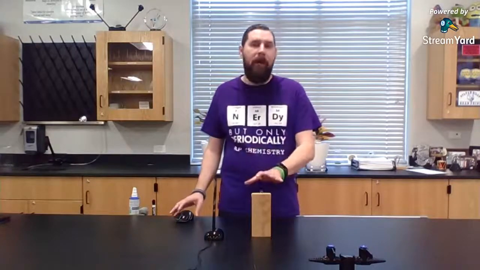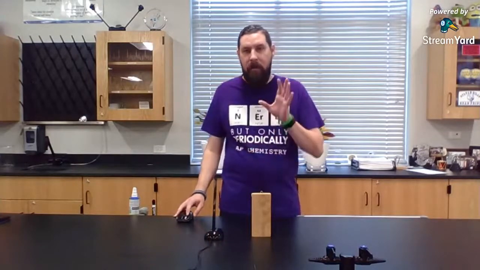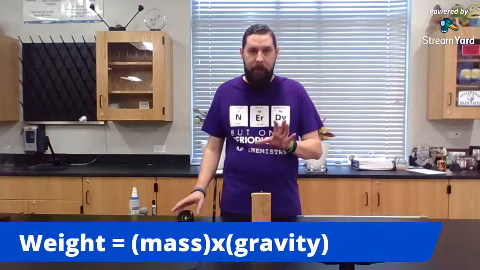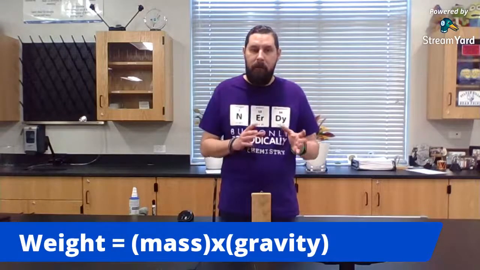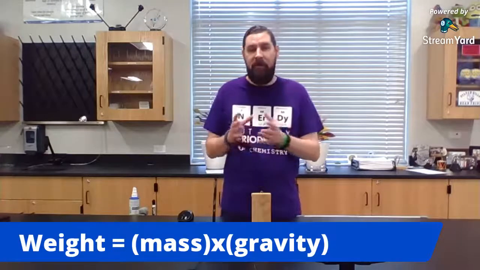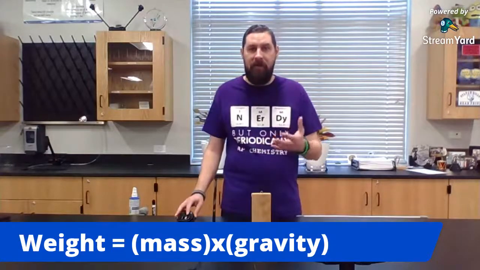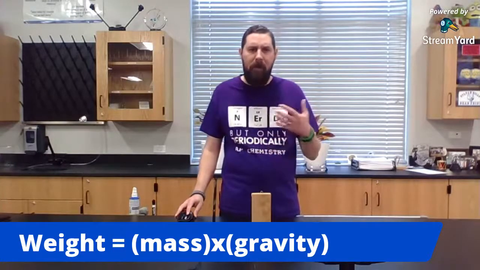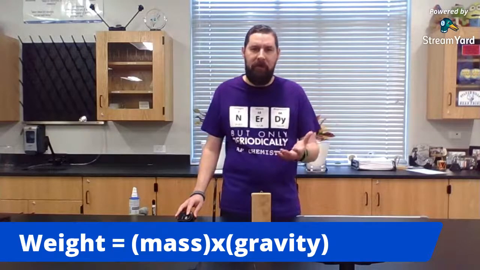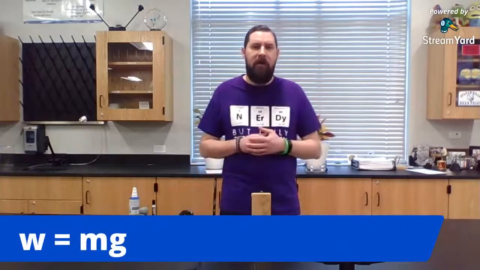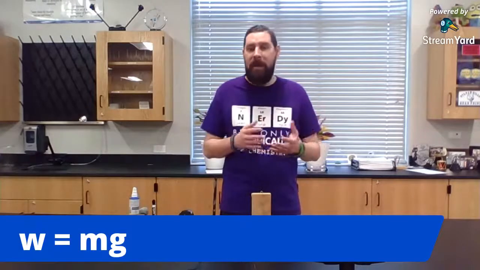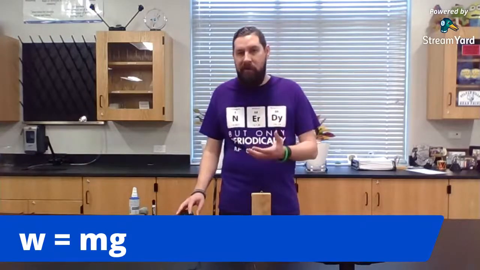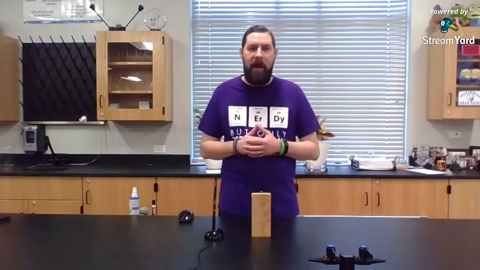And when we're talking about an object, that force of gravity we refer to as the weight. And weight is calculated as mass times the value of acceleration due to gravity. Many times you see this simply as mass times gravity. It's symbolized in equation form. This is W equals mg, where g is the acceleration due to gravity.